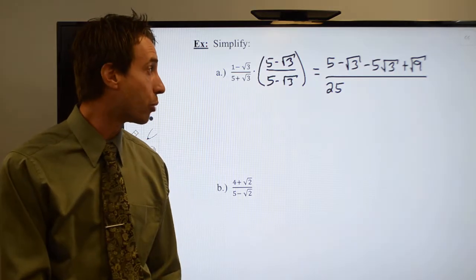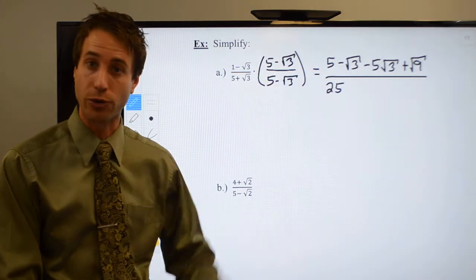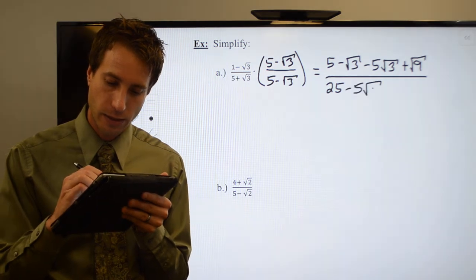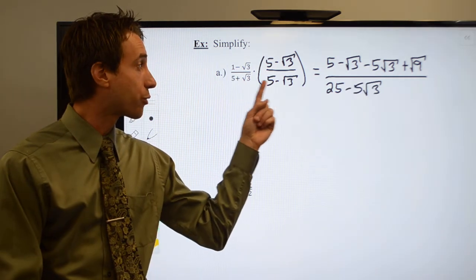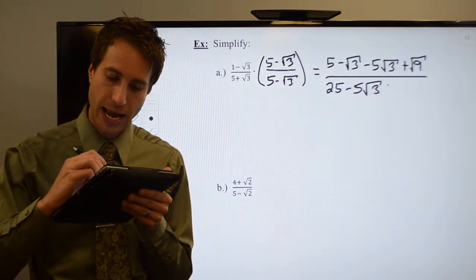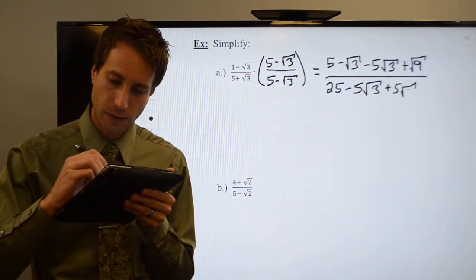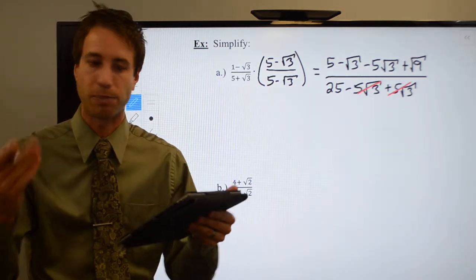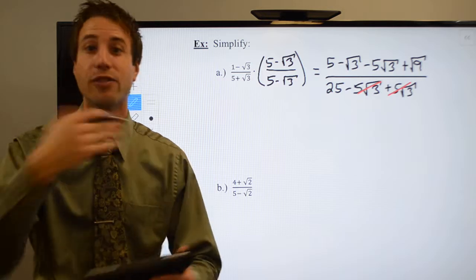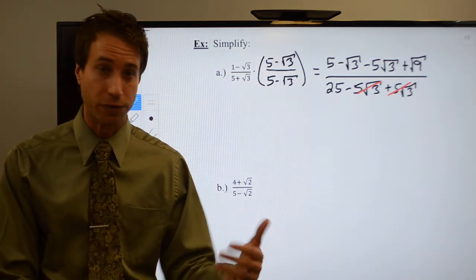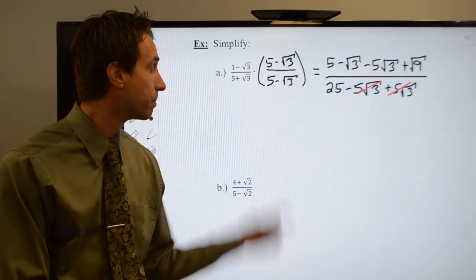Then 5 times the negative square root of 3 is negative 5 square roots of 3. But then square root of 3 times 5 is a positive 5 square roots of 3, and sure enough, those cancel each other out. Minus 5 square roots of 3 plus 5 square roots of 3 go away. They're always going to go away. If they don't go away, you done goofed. Go back and figure out where you messed up.